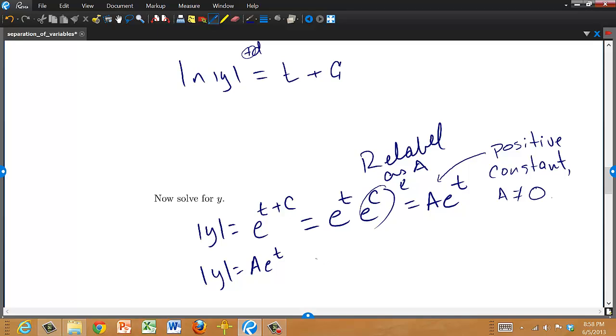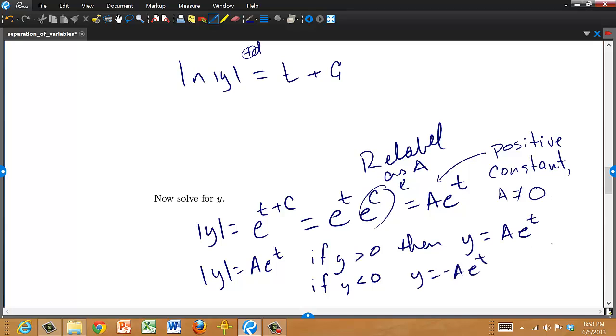Well, what's that mean? That means that if y is bigger than 0, then the absolute value of y is just y, so you'd get y is a e to the t. And if y is less than 0, then the absolute value of y is negative y, so y is negative a e to the t. Okay. So this guy is a new constant, and it's negative.